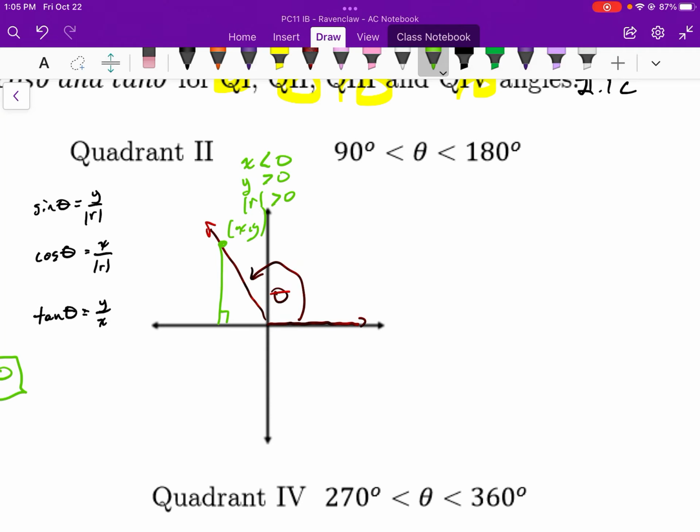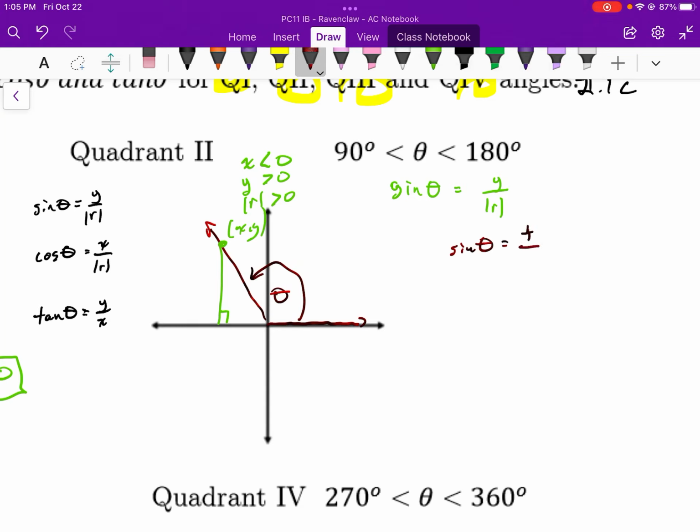So what do we know? Sine theta is going to be equal to y divided by my radius vector r. All the y-coordinates will be positive in quadrant number 2.